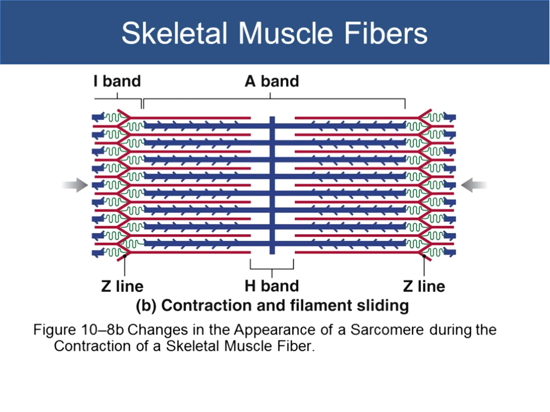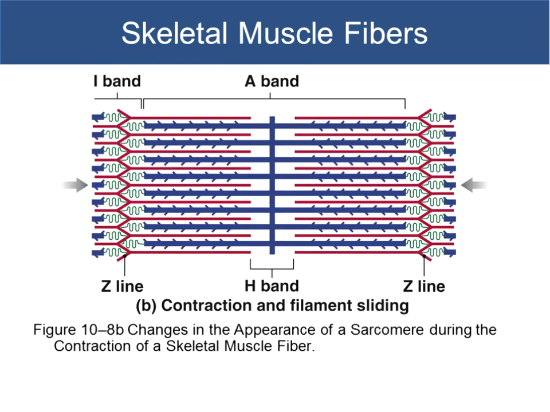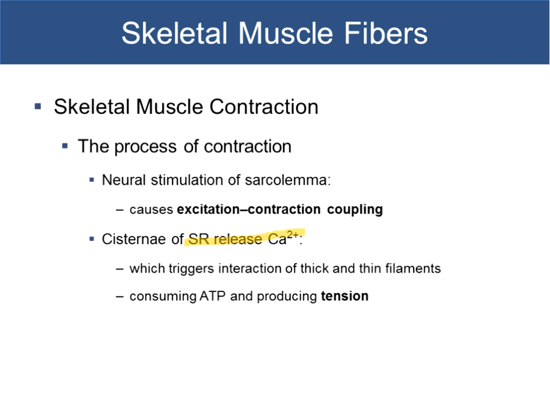So notice how your A band stays the same, but your Z lines are going to come closer to one another. So your I band is going to change length, but your A band stays the same because the myosin fibers aren't moving in towards the M line. The thin filaments, or the actin filaments, are moving in towards the M line.